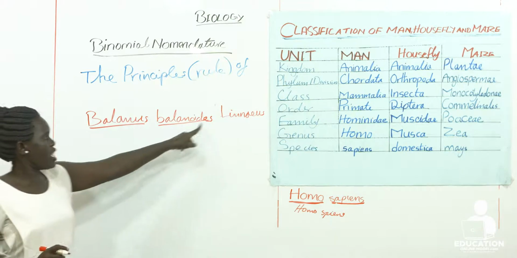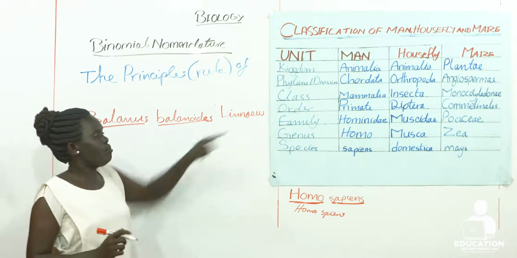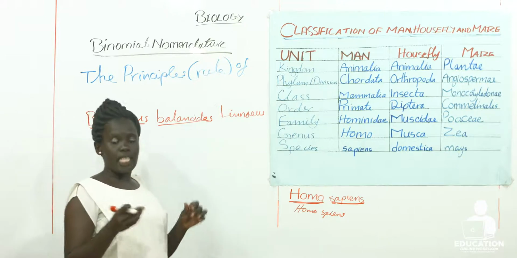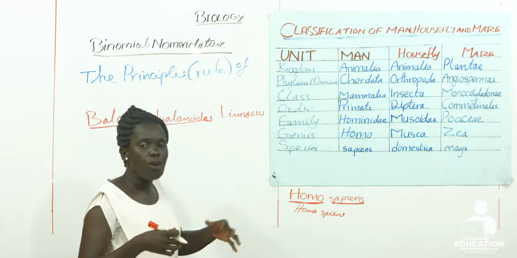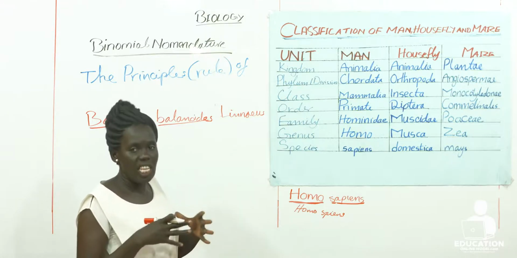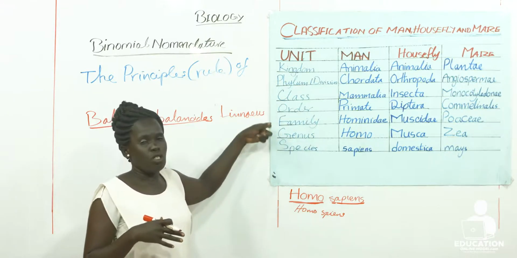You'll find them written as 3 words. So the last name is the name of the biologist or the scientist who discovered, who described, or who named the living organism. So this is called the author name.